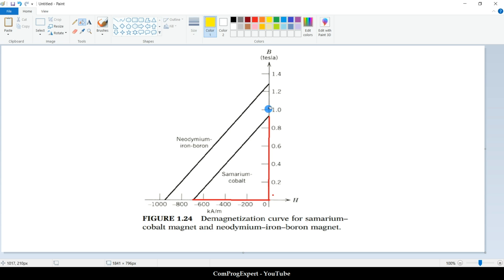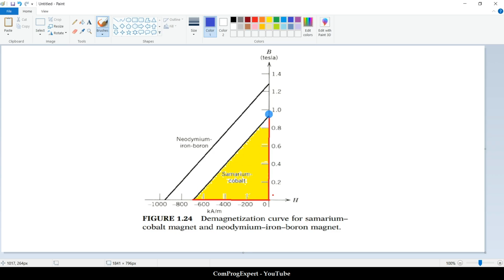This area, I mean, this one for the samarium cobalt. How can we find the maximum energy product in this case? Because the geometry of the problem is simple, we can find the maximum energy product right on this figure.